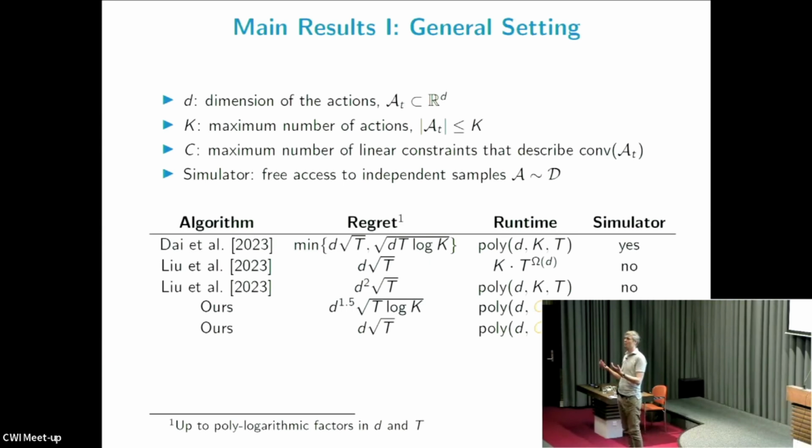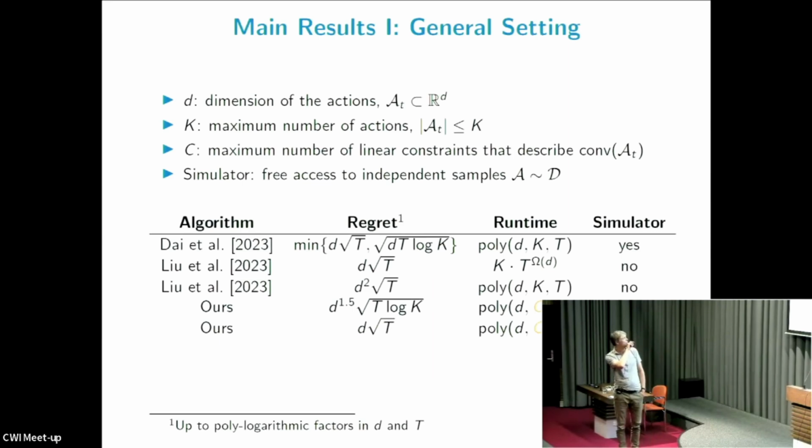So these are free samples outside of playing this game, sort of offline samples. If you assume that you have access to those, it's like what people call having access to a simulator. And of course, it matters if you have this access or not. It's easier if you do. And so the rates and the computational complexity that people get also depend on whether they have access.